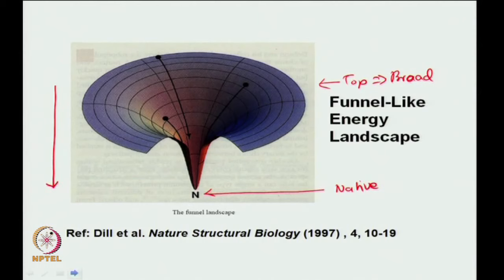And then as you go down to the native state, the protein starts losing entropy, and hence the funnel slowly narrows. Okay, but also look at one thing. I am showing a funnel and I am using both of my hands. Now there is a significance to this, and we will come to that soon.